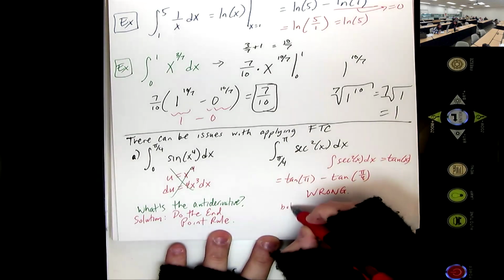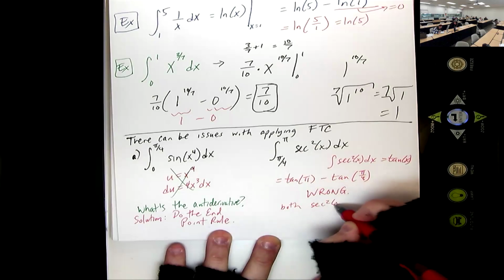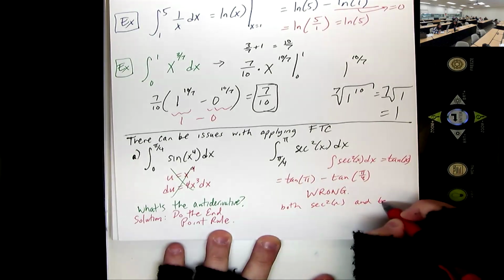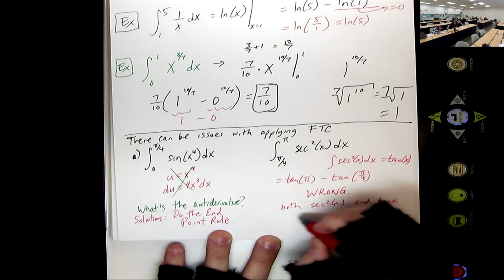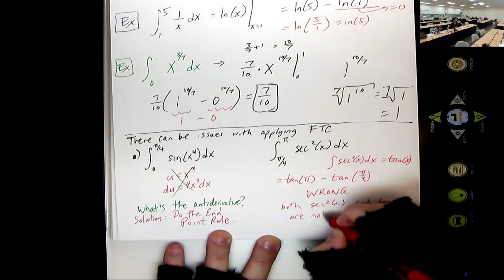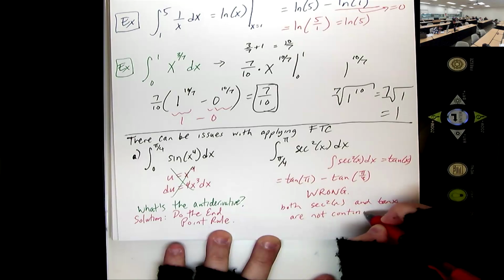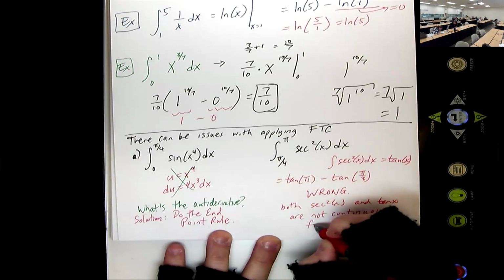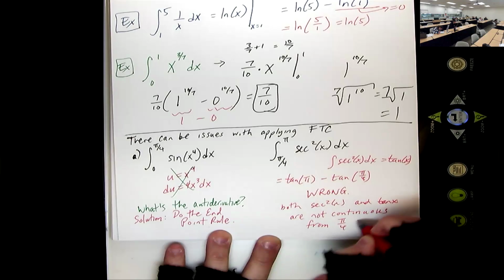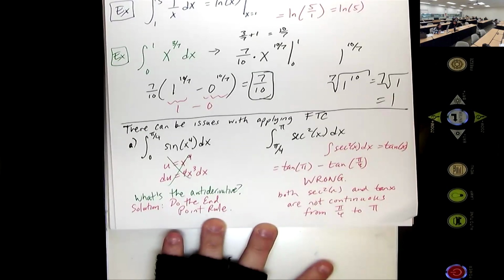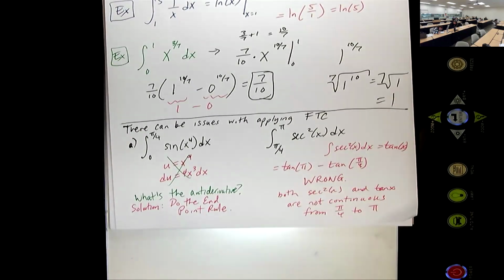Both secant squared x and tangent x are not continuous from pi/4 to pi, and it does require a continuous function.